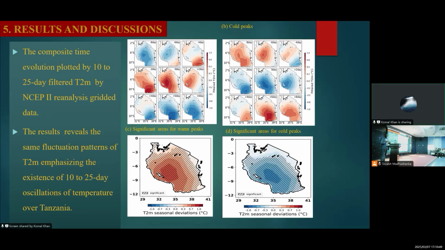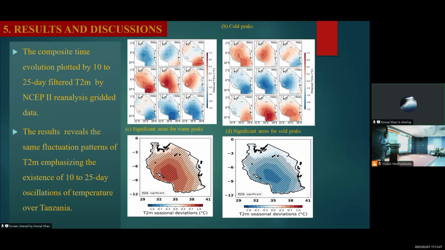It means it is a 16-day cycle of temperature variability, which falls under the quasi-biweekly oscillation. And when we use the cold peaks, we get something like a mirrored result. The place where it was warm is now cold, and we have warm and cold on the negative 8 day and the positive 8 lag day.